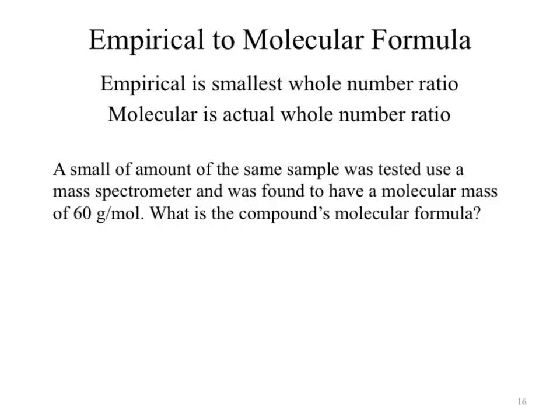So it's the same sample. We know the empirical formula was CH2O. And we now know that whatever our actual compound is has a molar mass of 60 grams per mole. What is the compound's actual molecular formula?